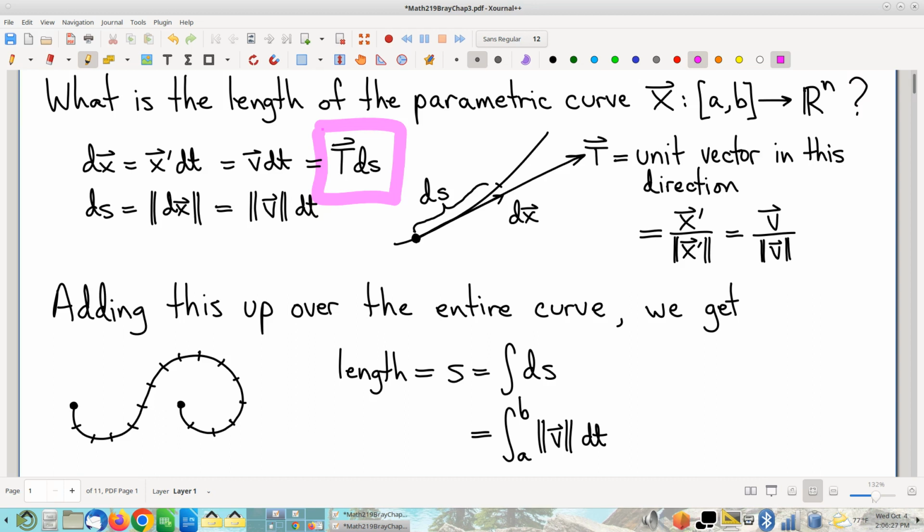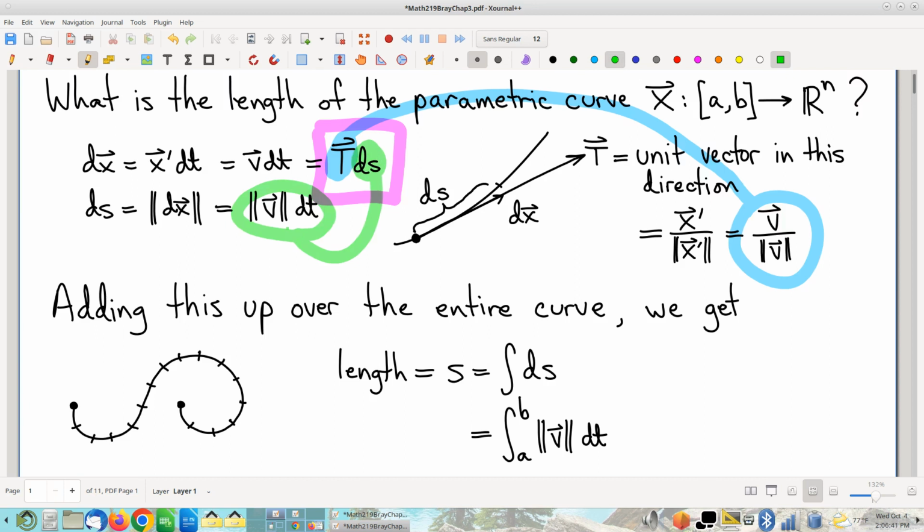Here's the other point of view I'm going to give you, though. T, we have that formula. ds, we have that formula. And if I look at blue times green, this times that, notice the magnitude of v cancels, and you get what we're supposed to get. So specifically, let me write that down.